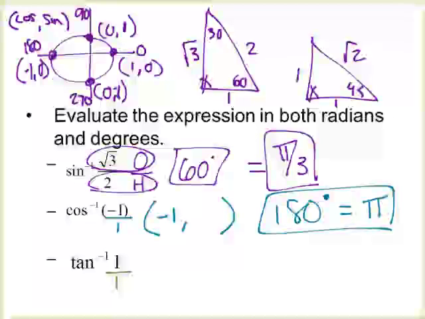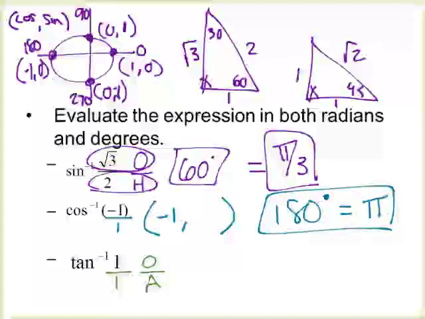What's SOHCAHTOA for tangent? Opposite over adjacent. So I need a triangle that has 2 1s in it, and I don't care about the hypotenuse. Where's that? 45, 45, 90 has 2 1s in it, and I don't care about the hypotenuse at all, because hypotenuse is not a part of tangent.